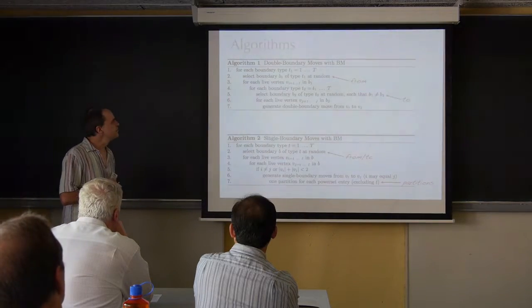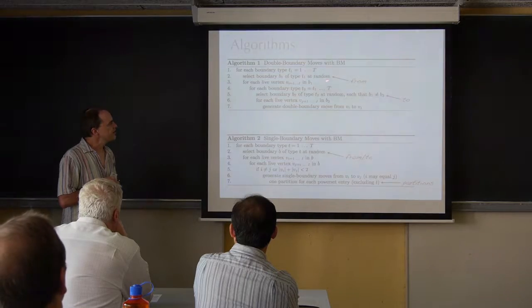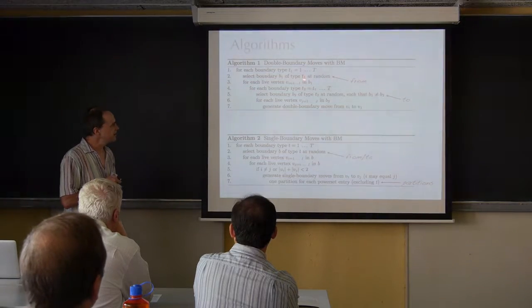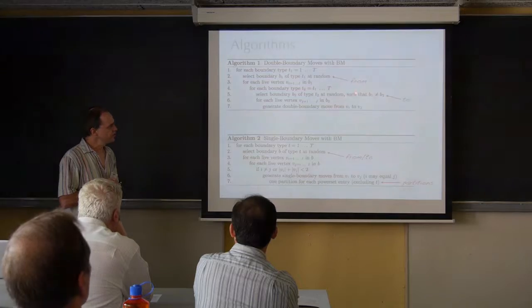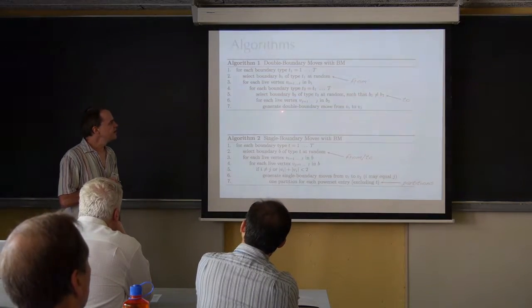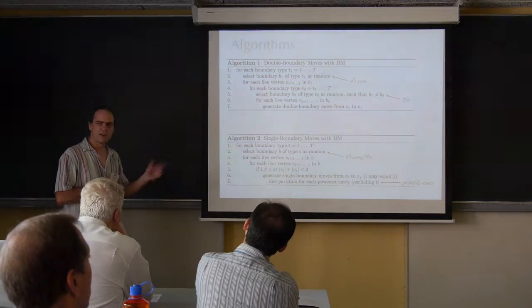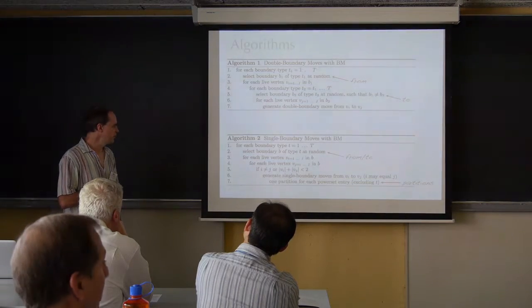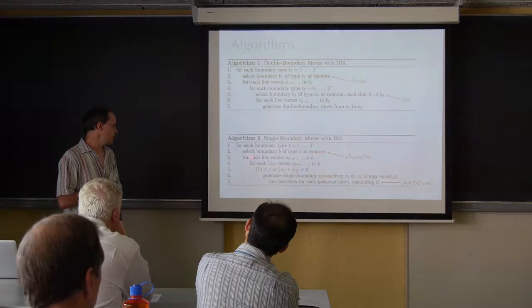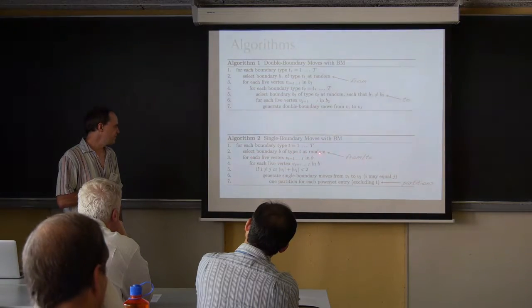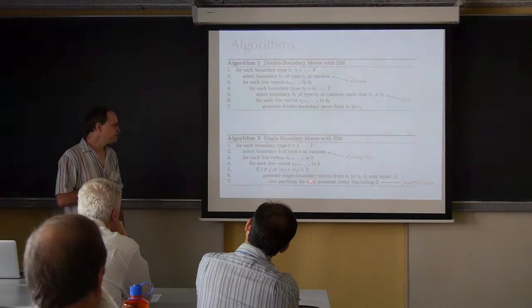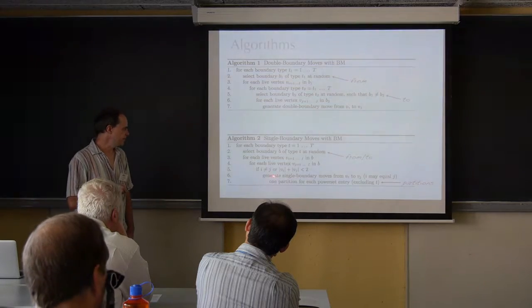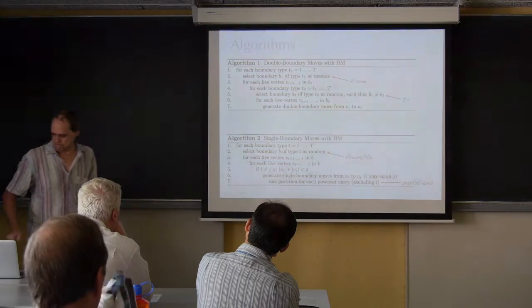So these are the algorithms. For the double boundary moves, we select a from boundary, we select a to boundary, and we generate moves between the live vertices on those two boundaries. And for the single boundary moves, we select a boundary of type T, and we generate each partition for that boundary for each live vertex.